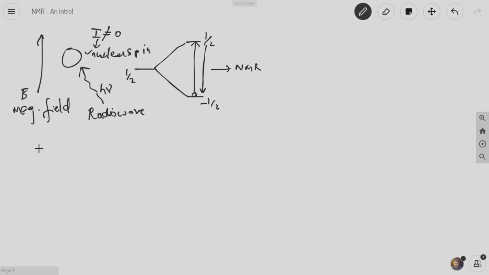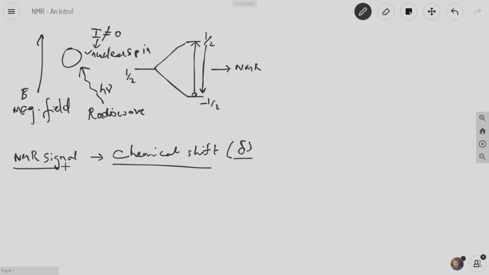The signals obtained from NMR are represented by means of chemical shift, represented by the delta value. So the delta value refers to the chemical shift for an NMR signal.